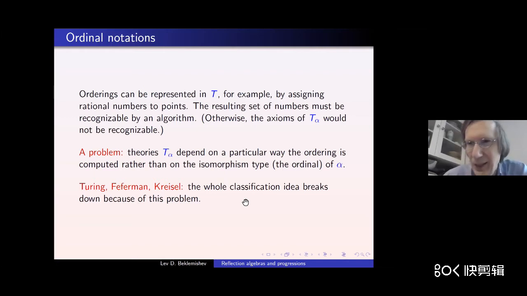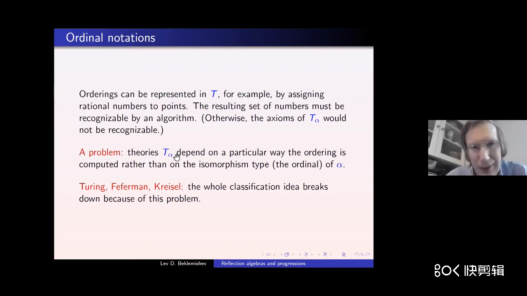However, then the devil appears in the details, and the devil here is this problem that once you fix a system of notation for ordinals, like a subset of rationals or something, it turns out that the theories that you define actually depend not so much on the order type of the ordinal alpha as on the particular way this ordinal alpha is computed or represented.